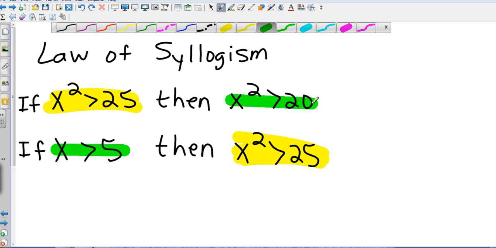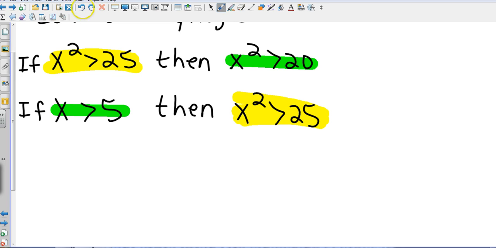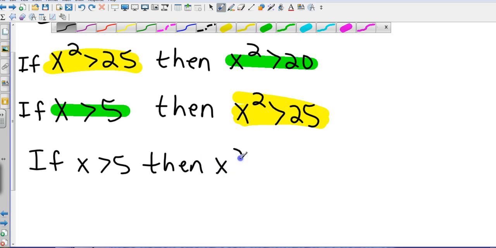If one is a conditional to the other, and then something new is a conditional to the same one, then I'm going to go down to this next one, and I'm going to write in black, then I can change my statement to if x is greater than 5, then x squared is greater than 20.